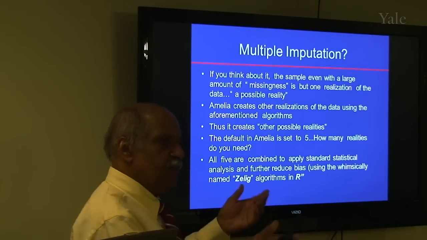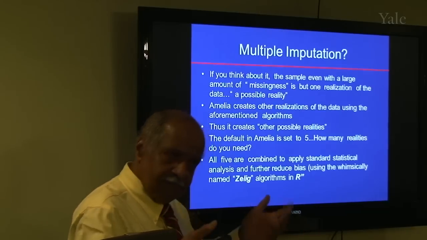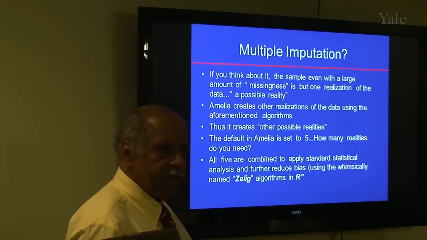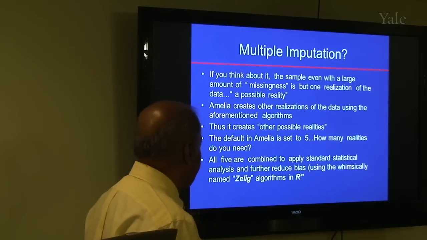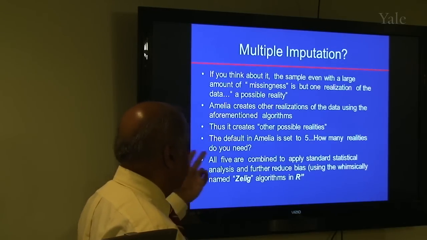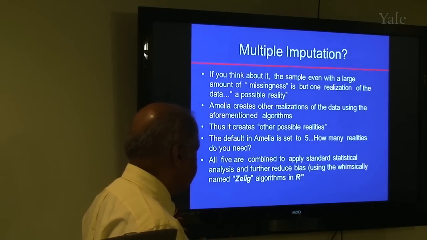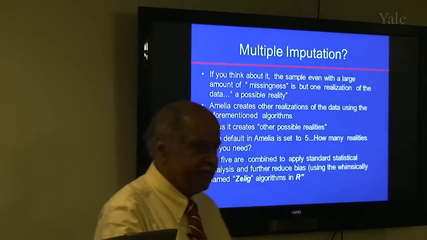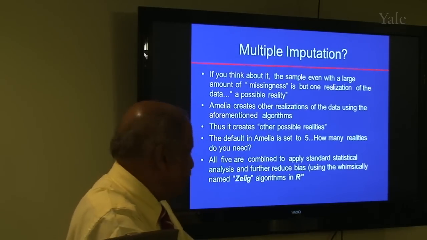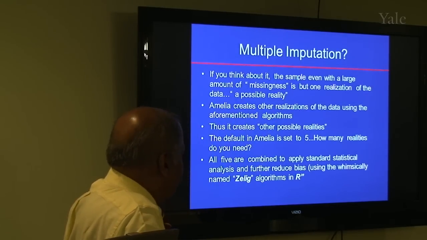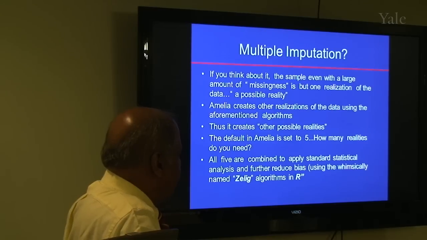What we see when we sample is just one possibility, really. The default is set to 5, which is usually enough realities for most people. So all 5 are combined to apply standard statistical analysis and further reduce bias.